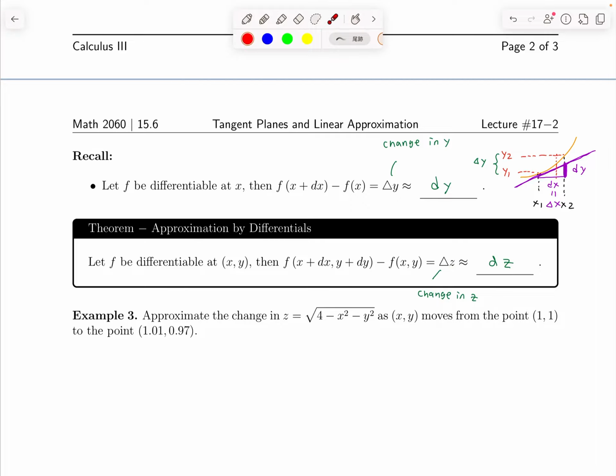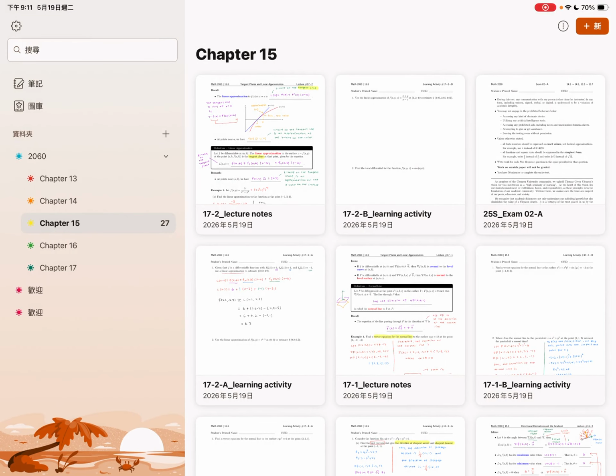So maybe it's a good idea to note that this is just delta x, the change in x, and this is delta y, the change in y. However, your delta output is not the same as the output. So let's go back to our learning activity.